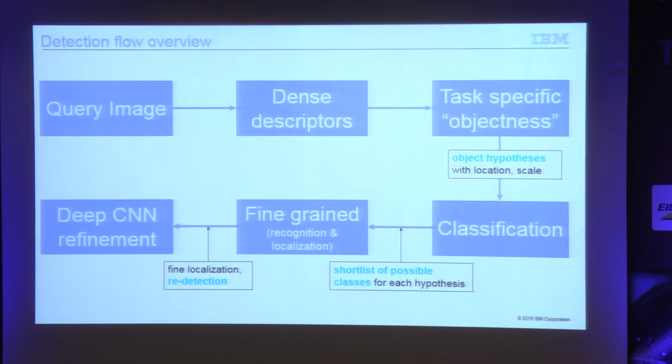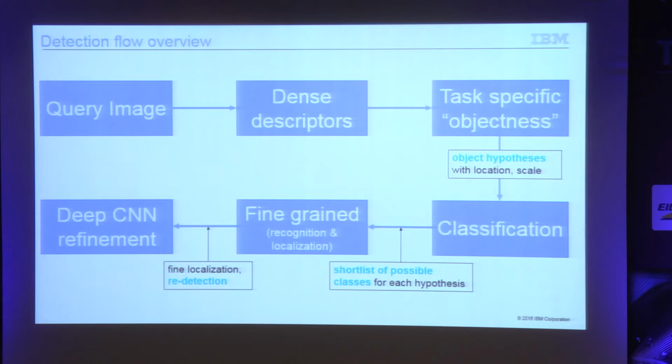This is a general overview of the flow of our approach. We start with the query image. We compute a set of dense descriptors on a regular grid. Then, using those descriptors, we estimate a posterior for what we call task-specific objectness, which is just generating object hypotheses but disregarding their class.